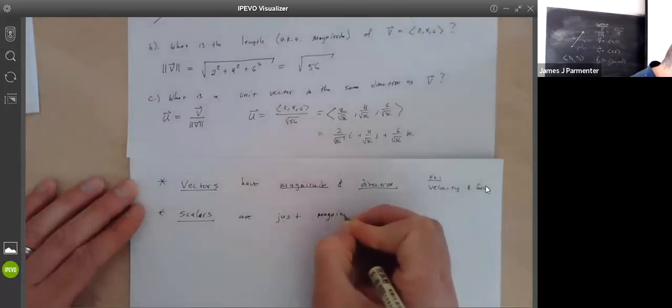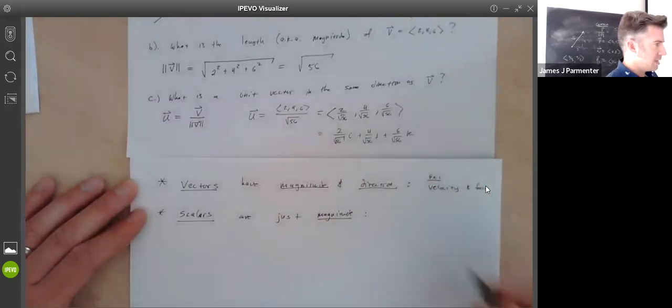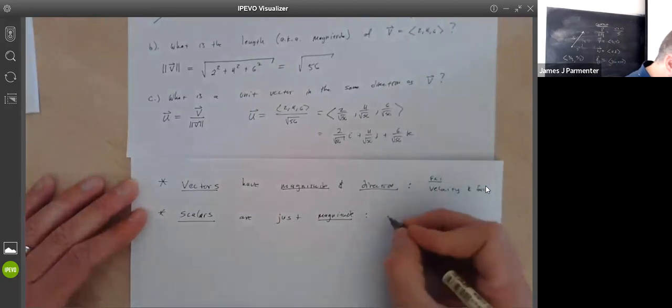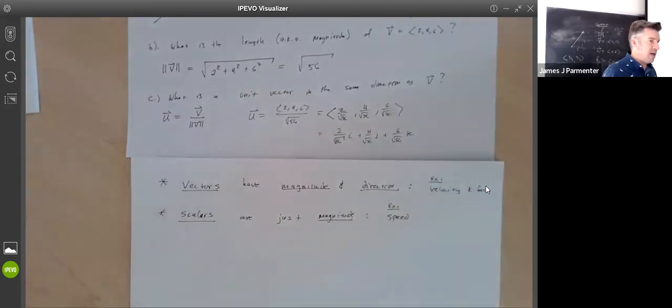So what's the just-magnitude component of velocity? Speed. If I say I'm going 50 miles an hour, I've told you my magnitude. If I told you I'm going 50 miles per hour headed west, I've given you a vector because I've told you direction and speed, or direction and magnitude.